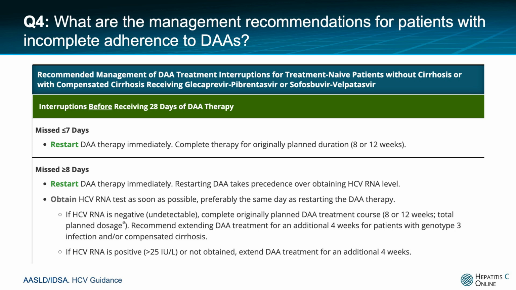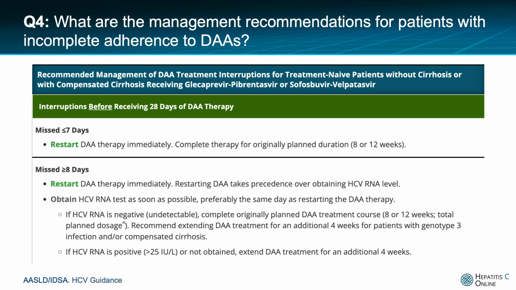For individuals who experience a treatment interruption of 8 days or greater within the first 28 days of therapy, the recommendation is to restart DAA therapy immediately and get a hepatitis C RNA test as soon as possible, preferably at the same time as restarting therapy.